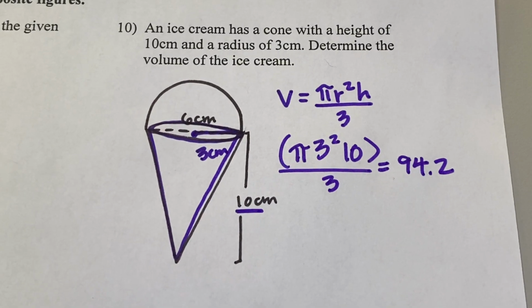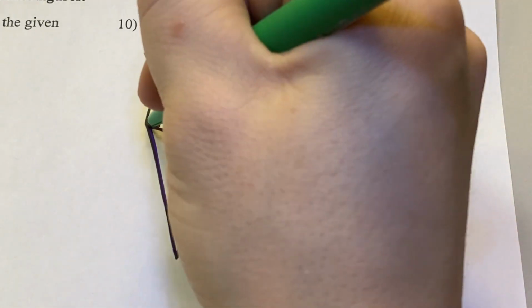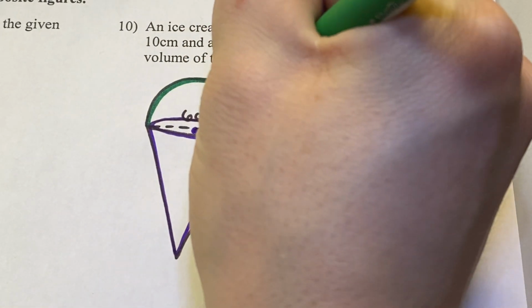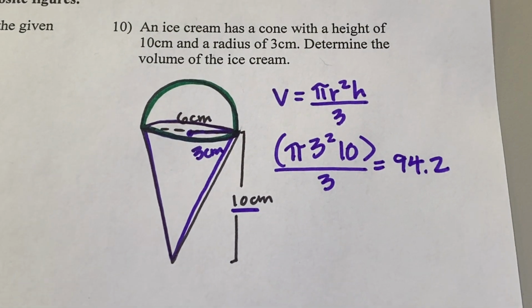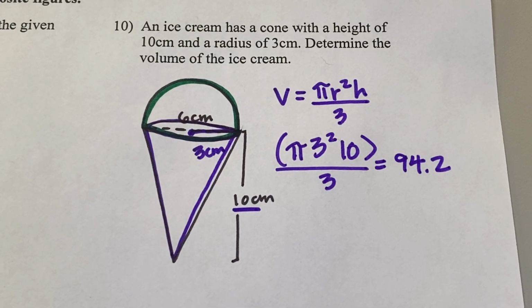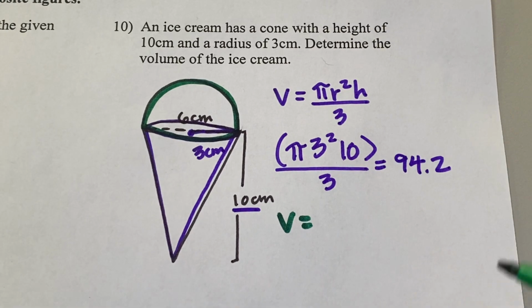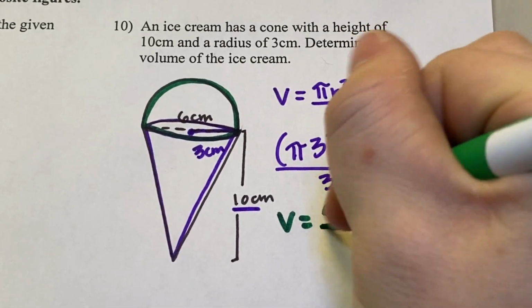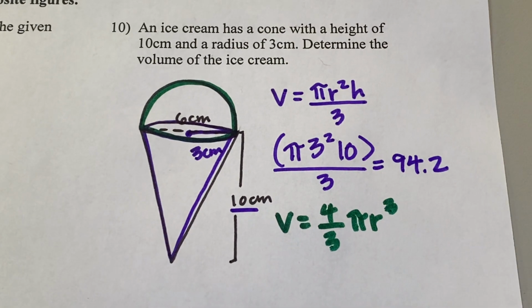Now we need to find the volume of the actual ice cream part. Don't overthink it here. What shape are we working with for the ice cream part? A sphere, but is it the entire sphere? No, it's only half of the sphere, right? It's cut in half. Let's remind ourselves of the volume of a sphere formula: 4/3 pi r cubed.